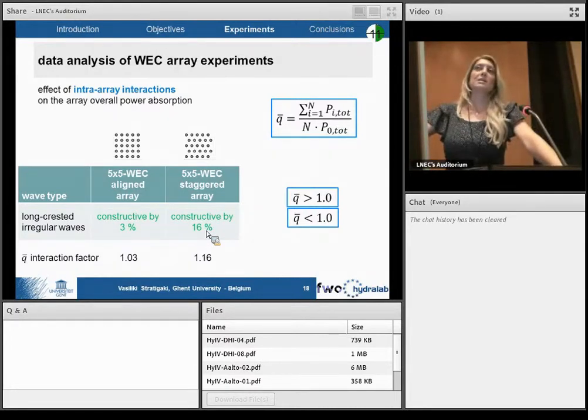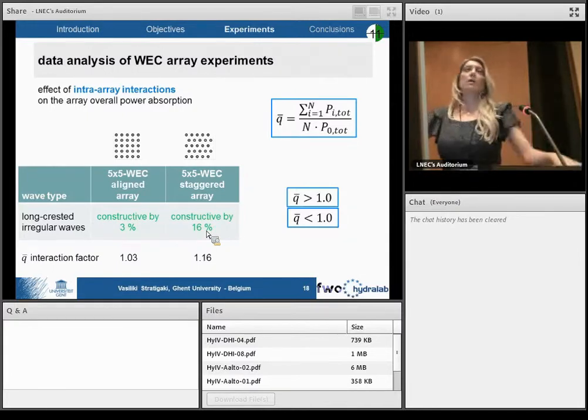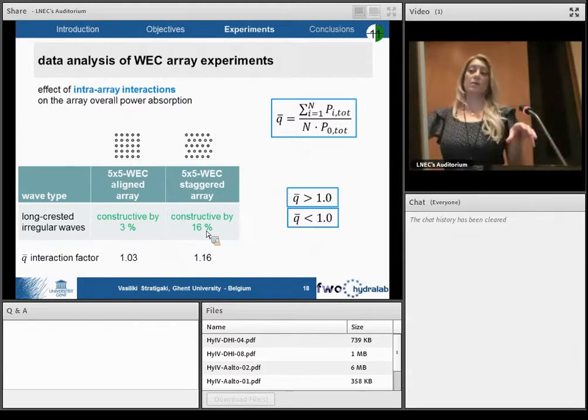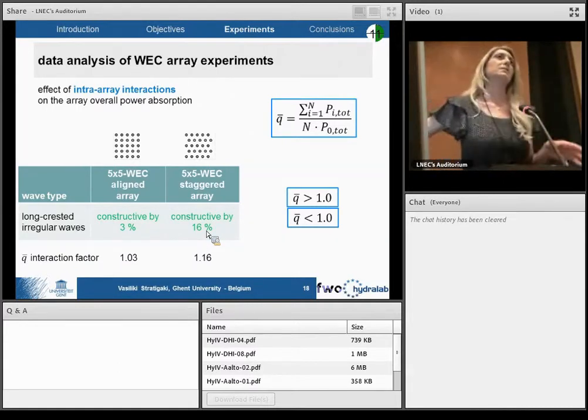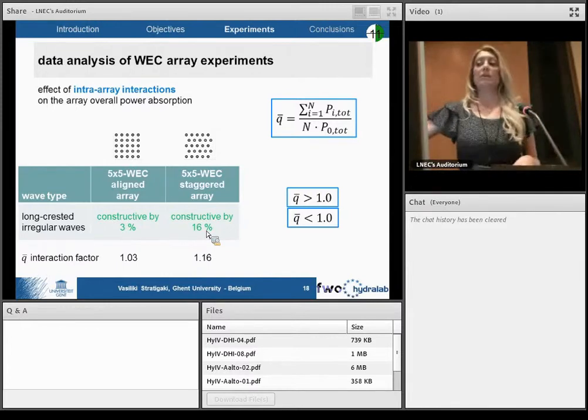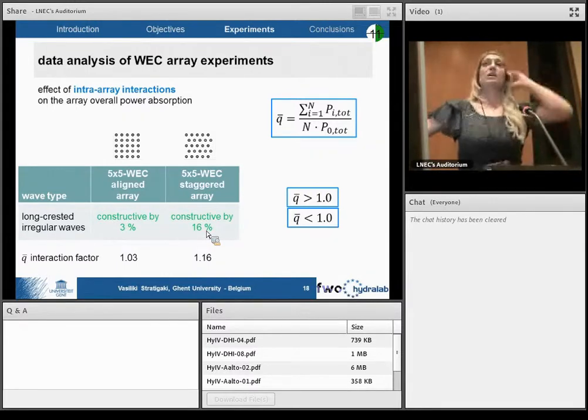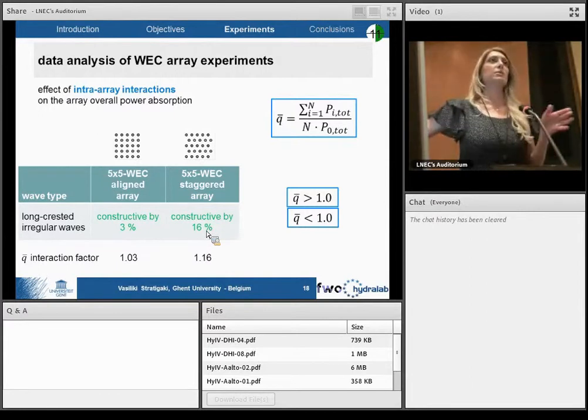Also, a first data analysis has provided results for extra-array effects, whereas the impact of the WEC farms on the wave field, which is expressed by wave height attenuation. Again, I will show results for the 2 large arrays. This contour plot at the left panel presents results for wave height reduction.